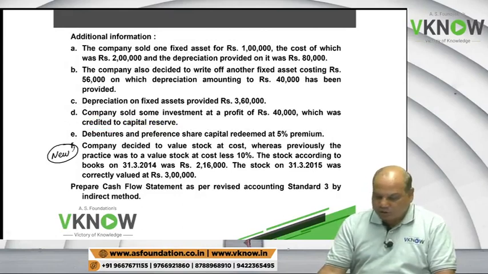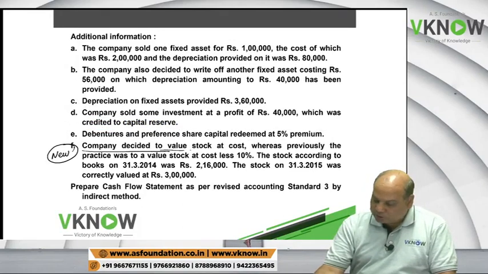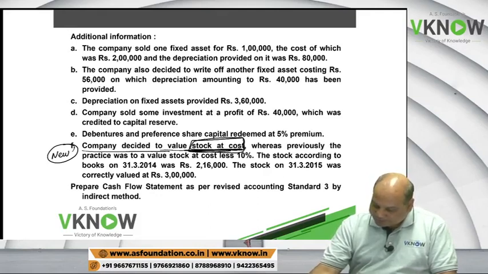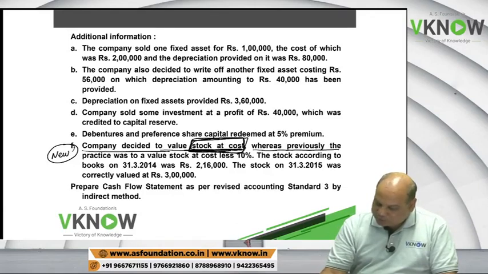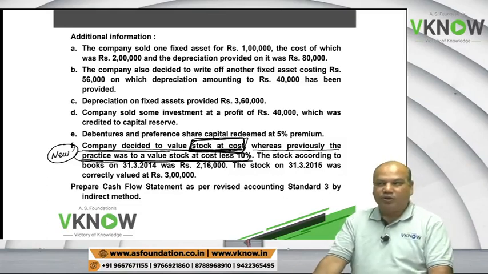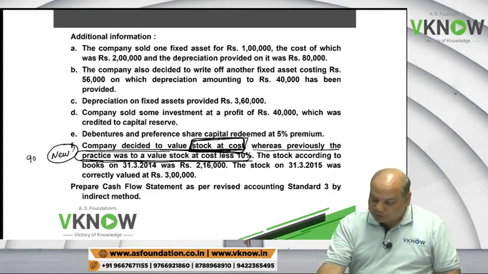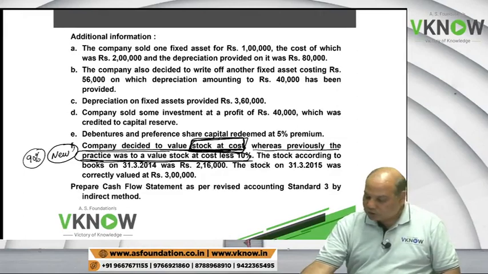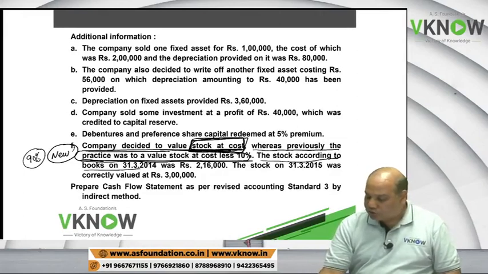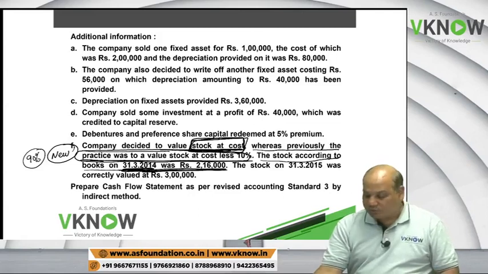What is new about it? Company decided to value stock at cost, whereas previously the practice was to value the stock at 90% of the cost. The stock according to the books on 31st March 14 was 2,16,000.